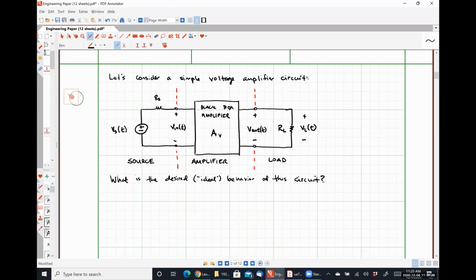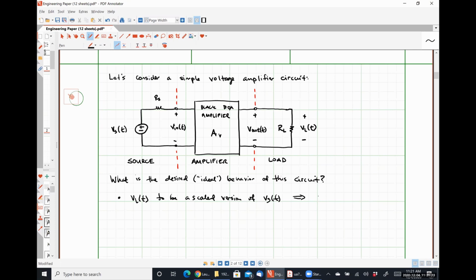Right? So what we want is for our load voltage, VL of t, to be a scaled version of our applied voltage Vs of t.